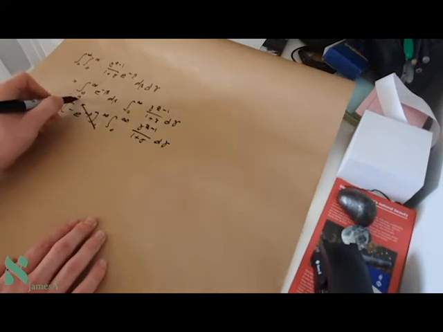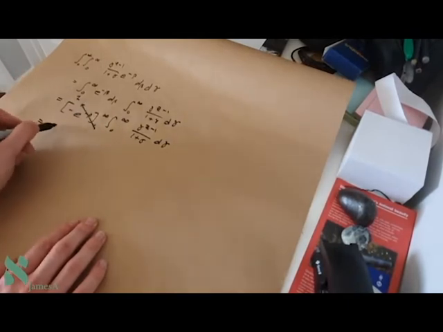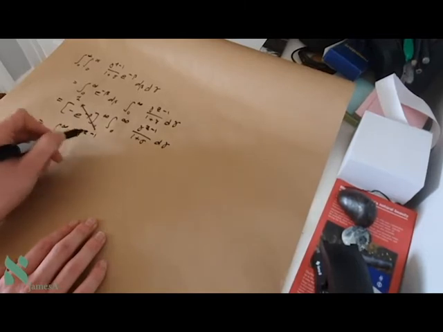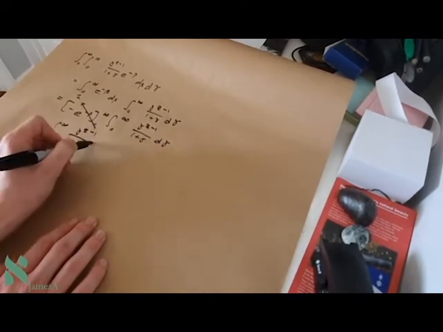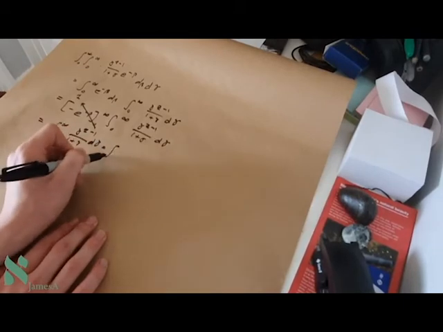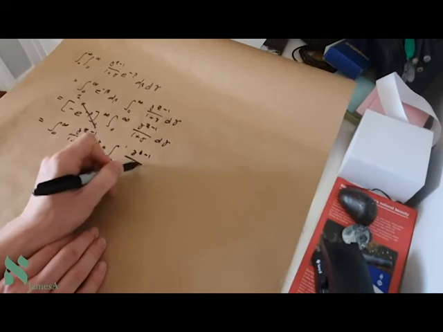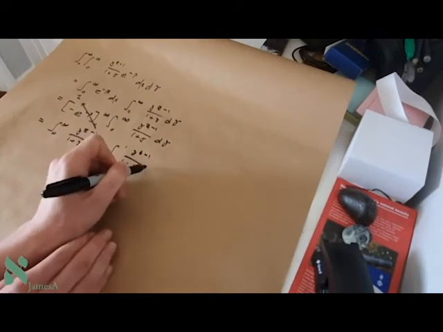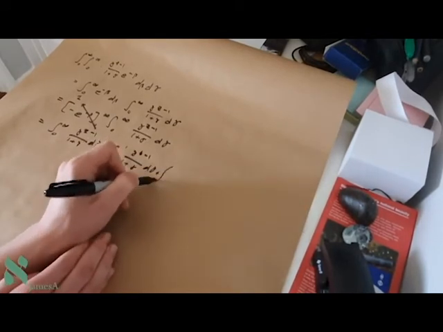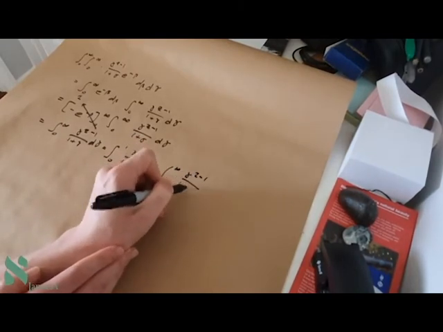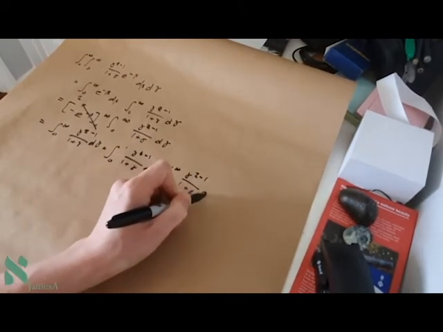This will go to 1, and then we'll end up with from 0 to infinity of gamma to the z minus 1 over 1 plus gamma d gamma, which then we shall split from 0 to 1 of gamma to the z minus 1 over 1 plus gamma d gamma, plus 1 to infinity of gamma to the z minus 1 over 1 plus gamma d gamma.